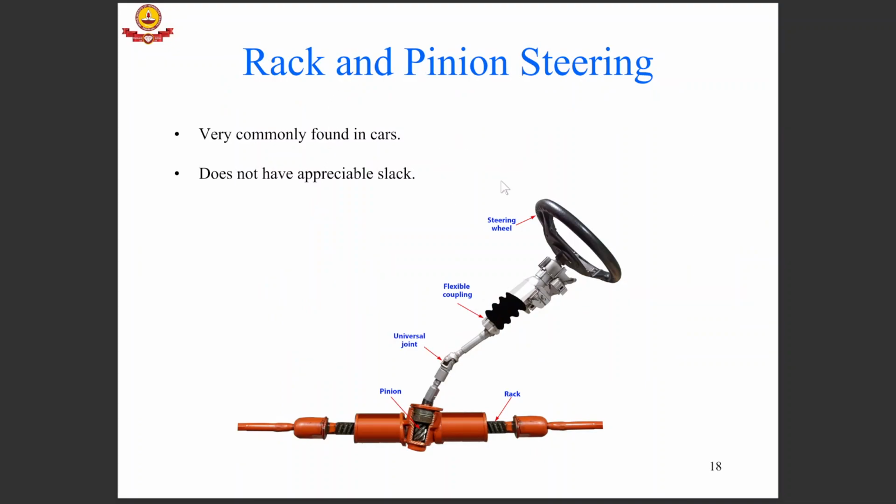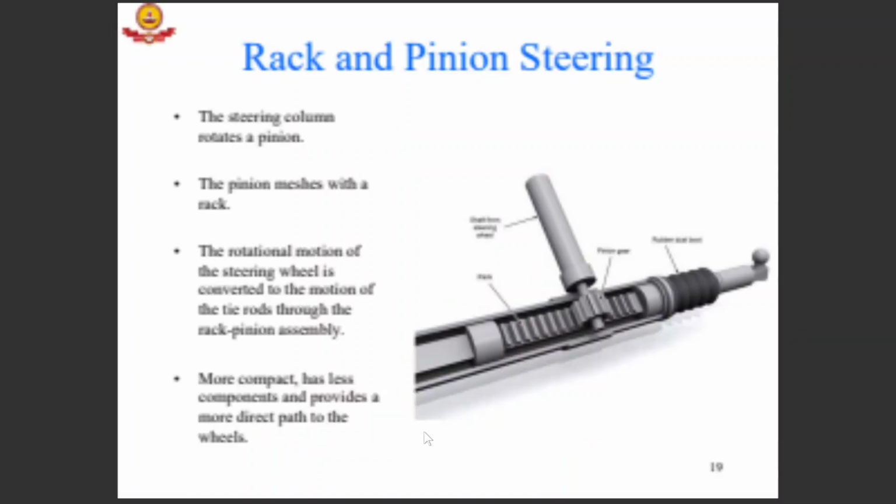Then we have a rack and pinion system, where there is a rack on the track rod and a pinion gear, which when rotated would cause the steering motion.